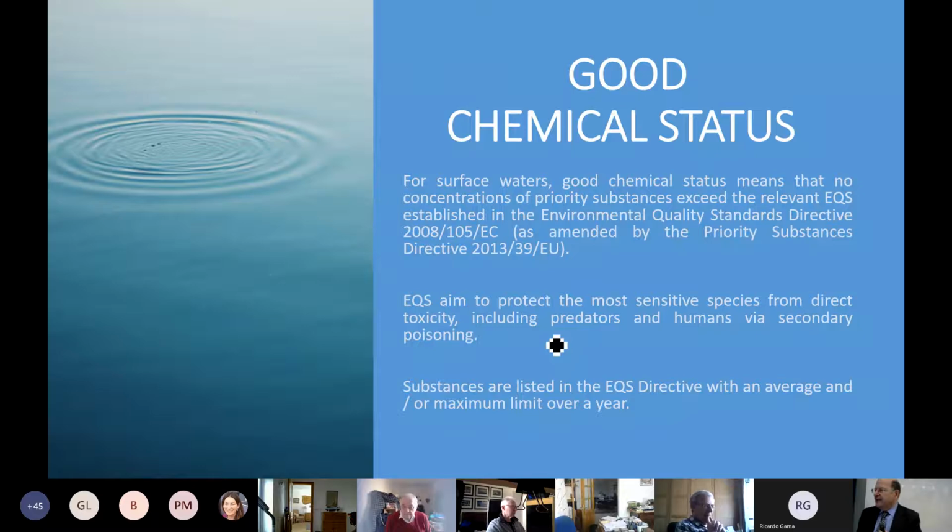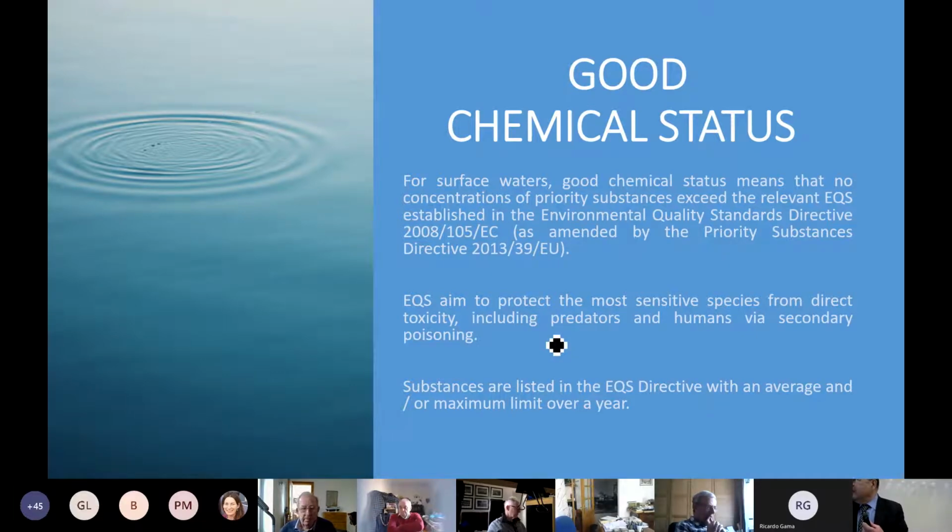And then good chemical status, even more slightly complicated, I'm afraid, but for surface water, good chemical status means that no concentrations of priority substances exceed those put in the Priority Substances Directive, which we're still signed up to, because that's also retained EU law.